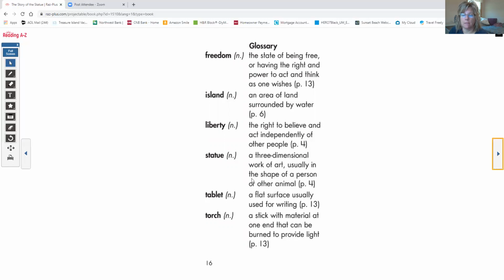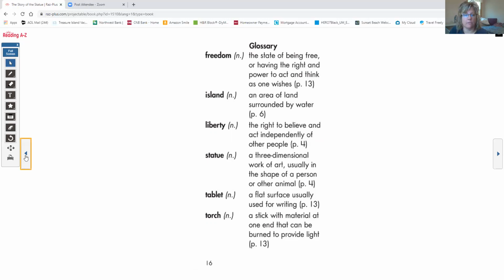Okay, so the statue, and then liberty is a noun, the right to believe and act independently of other people. That's page 4 again. It's your freedom to think and act differently.